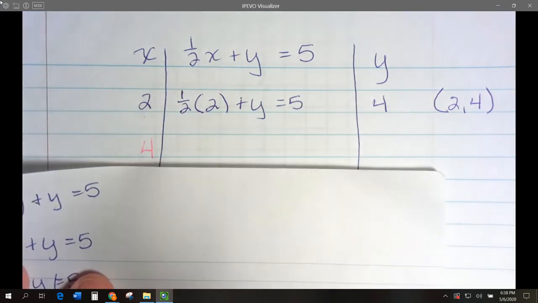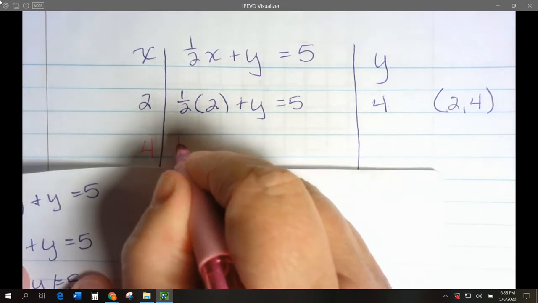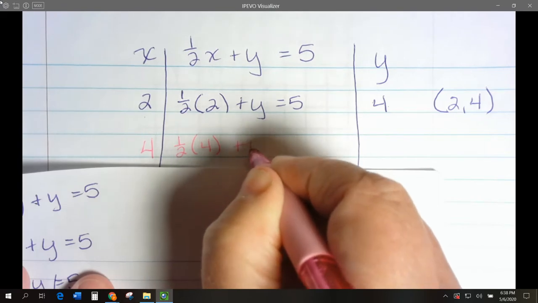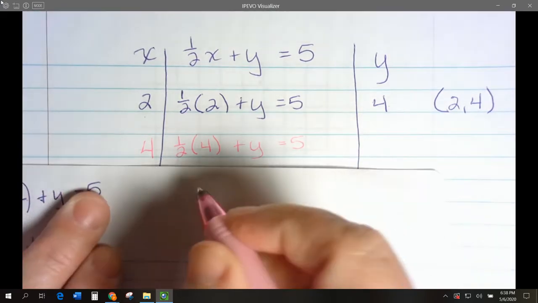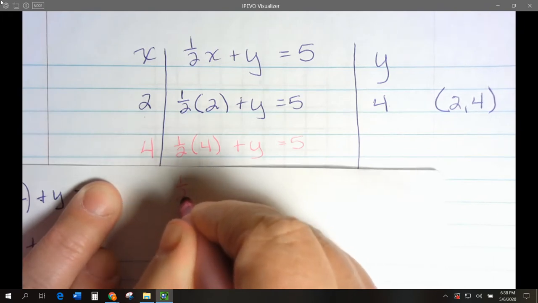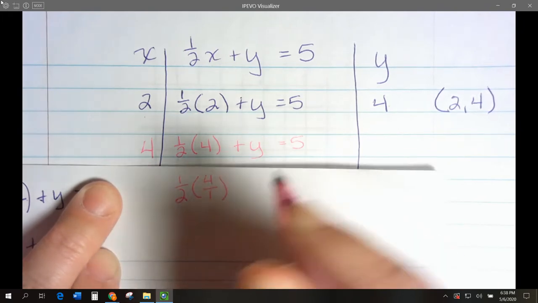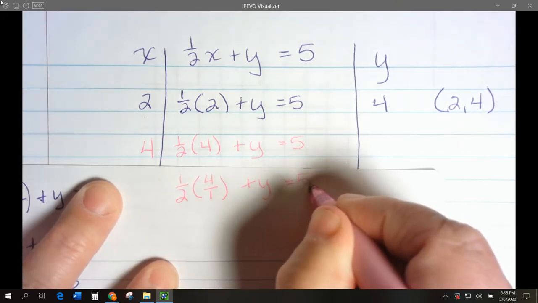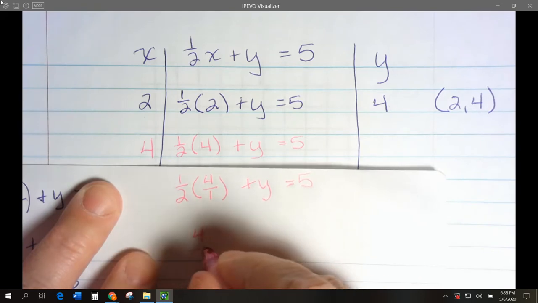So once again, we're going to put 4 in for X. We'll have 1 half times 4 plus Y equals 5. I'm going to rewrite it down here, 1 half, and I'm going to make this 4 over 1, so we can do our multiplication, plus Y equals 5. 1 times 4 is 4, 2 times 1 is 2.